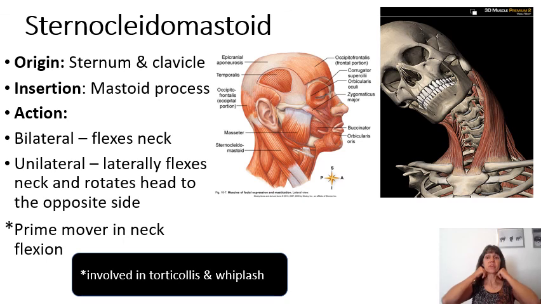So both sides, neck flexion, unilaterally, lateral flexion, rotation in the opposite direction. This is a prime mover in neck flexion and is very commonly a muscle involved in torticollis or whiplash.